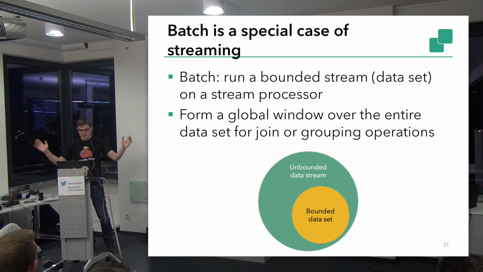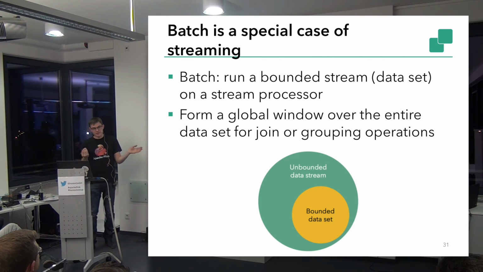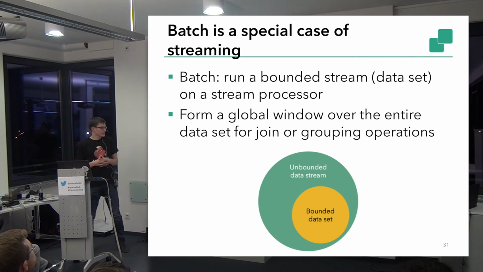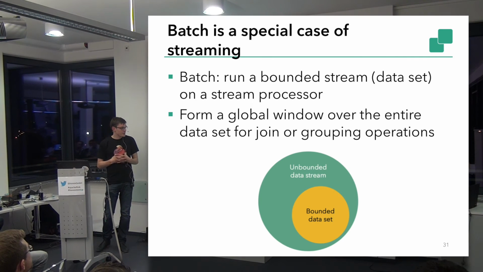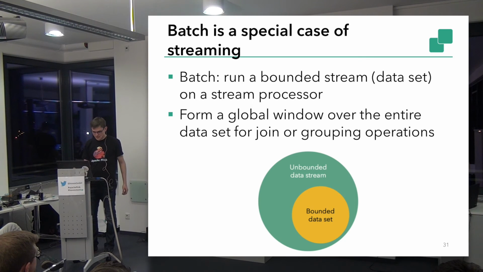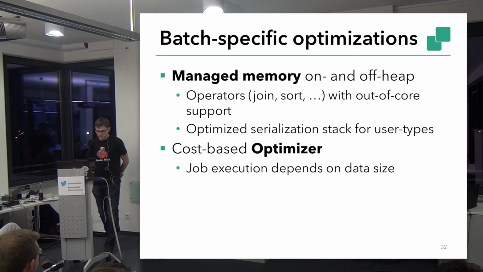And that's why we can do this global window, that's why we can consume the entire stream and then do a grouping or a join on it. So the batch processing is just part of the data stream processing. And as I said, since we have these assumptions about the data, we can do a lot of optimizations.